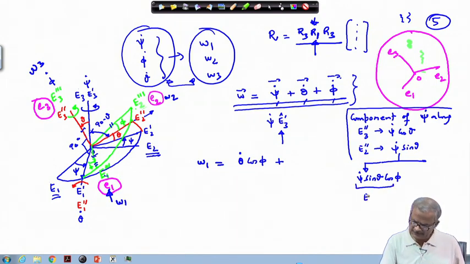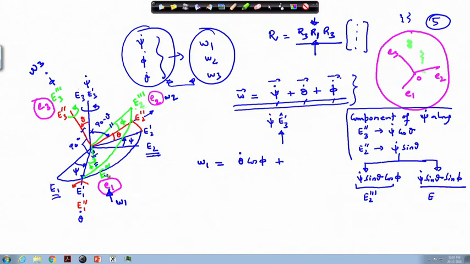This is along the E 2 triple prime direction, and the other one, psi dot sin theta, if this is given by cos phi, this part will be sin phi, and this is along the E 1 triple prime direction. So, from here we can see that the total thing that we get along the omega 1 direction is psi dot sin theta times sin phi. So, this is your omega 1.